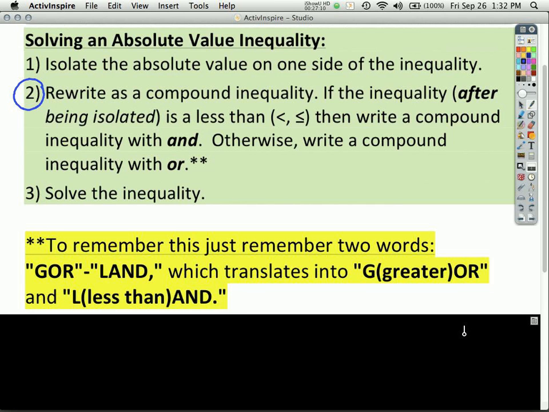The L, less than, translates into an AND inequality. Now, there's actually more to it. There are a couple of details that if you don't do, you will get the whole thing wrong. So we have to make sure we're clear on those details. And as I've said a whole bunch of times, Algebra 1 is about the details.